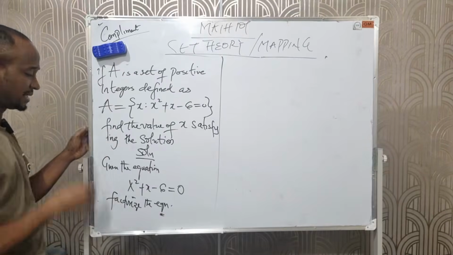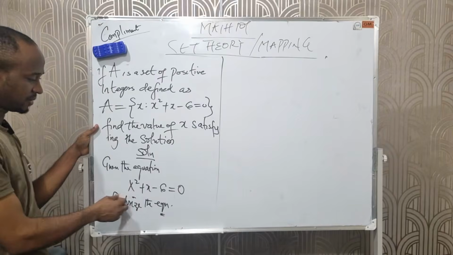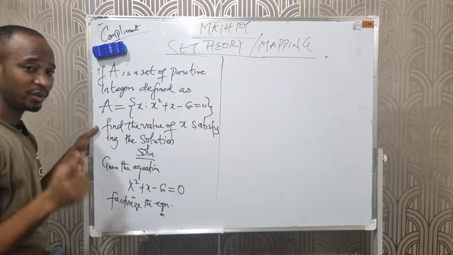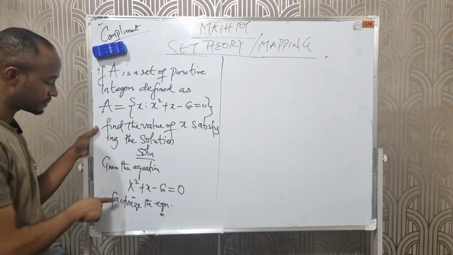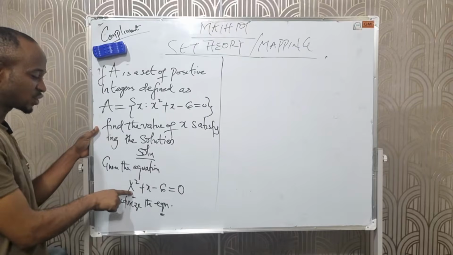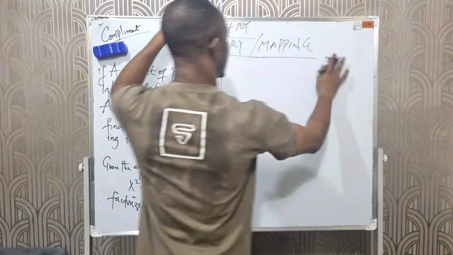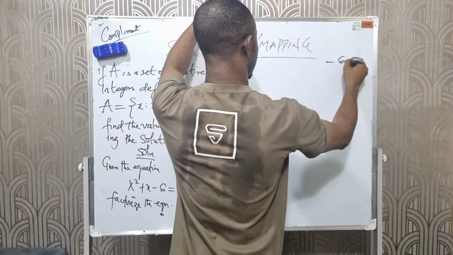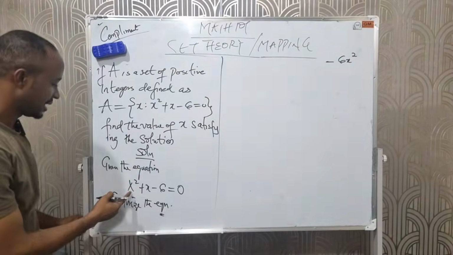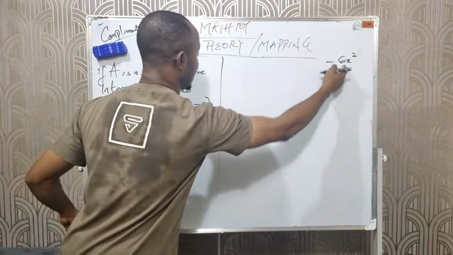What we need to do here is that we have how many terms here? We have 3 terms: the first term, second term, and the third term. What we need to do is to multiply the first term with the last term, meaning x squared times minus 6. That will give us minus 6x squared.